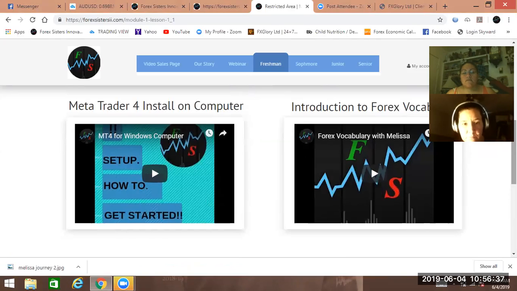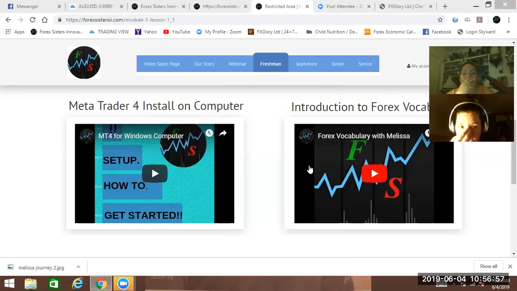What do you guys prefer more, the computer or the mobile on MetaTrader? All right, I would say the mobile app because it's so easy. I do trade with MetaTrader on my laptop, but it's so much easier to navigate on your phone.